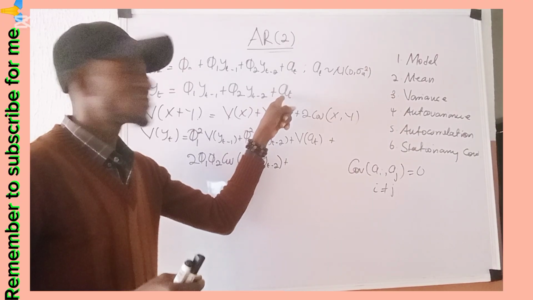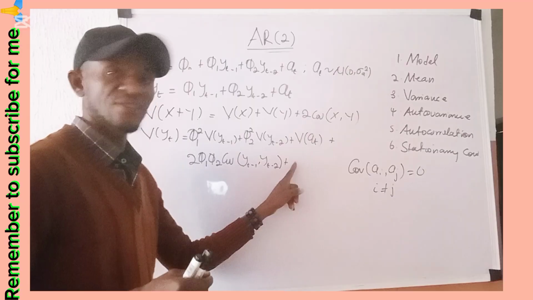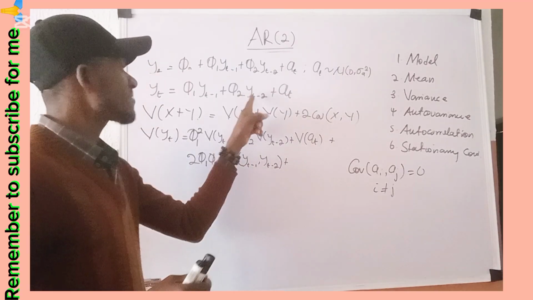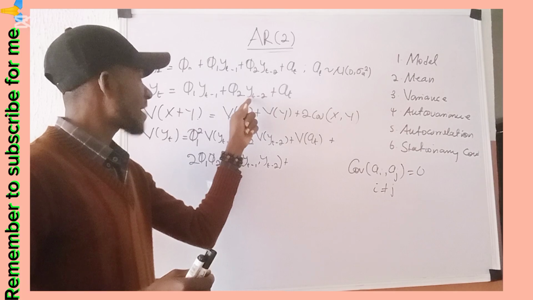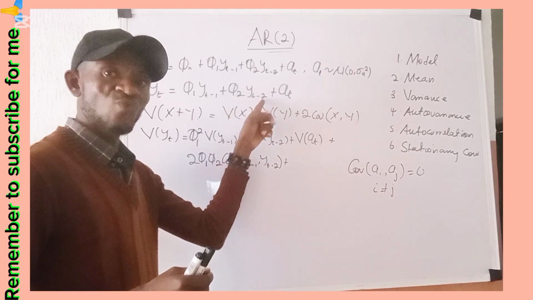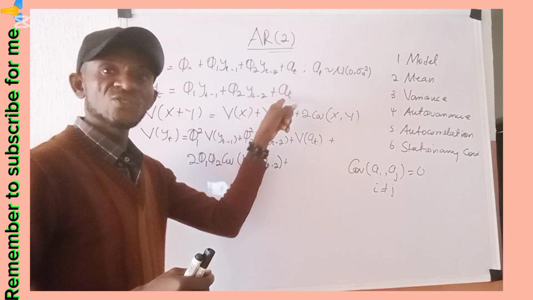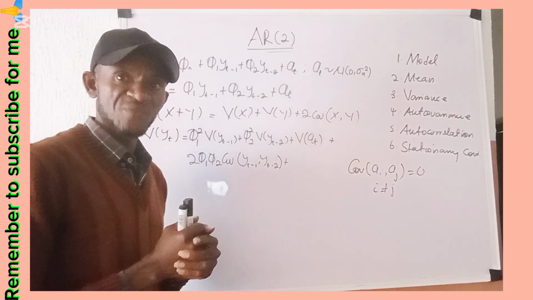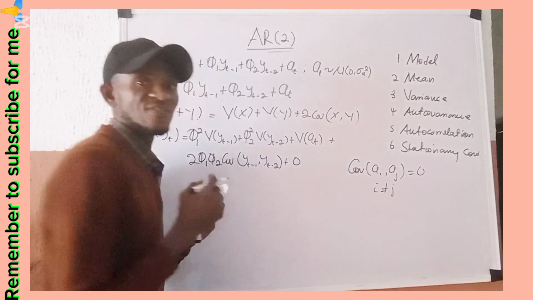By implication, the covariance of this quantity and this quantity will give us 0. The same thing applies here. If you take this and this, there is no term in y of t minus 2, when it is expressed, that contains a of t, so its covariance is equally going to give 0.